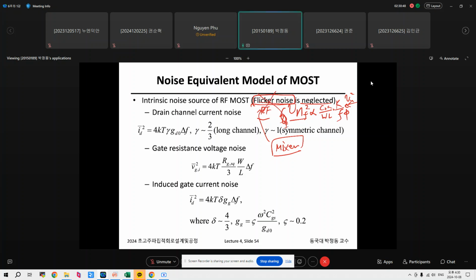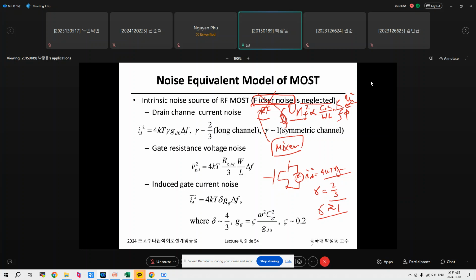Mostly for RF application, including LNA, the channel noise is the dominant effect. Typically gamma is 2/3 for a long channel device, and almost 1 or larger than 1 for a short channel device.